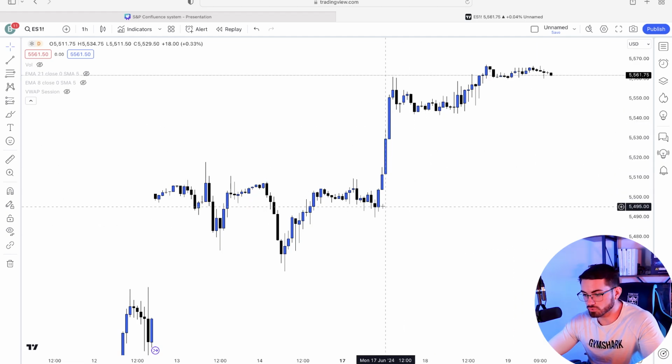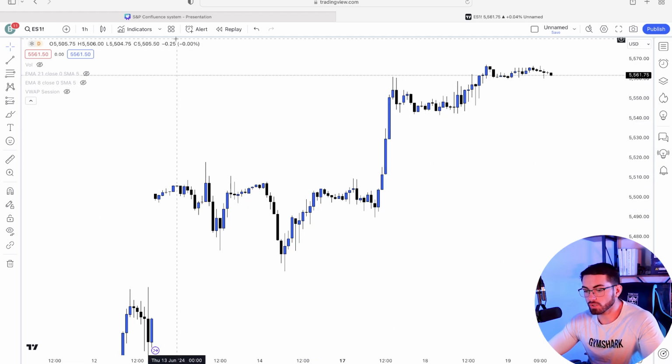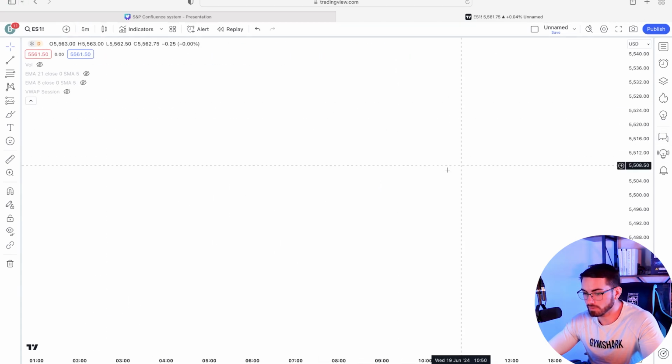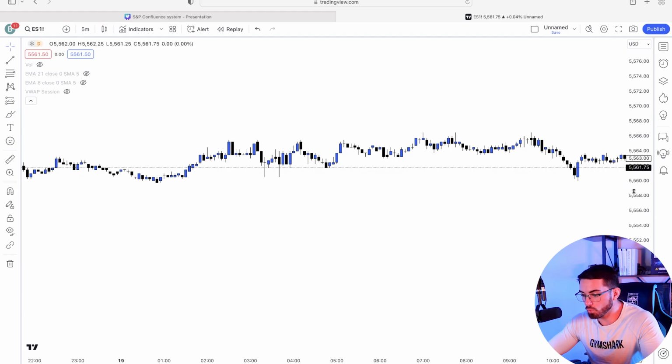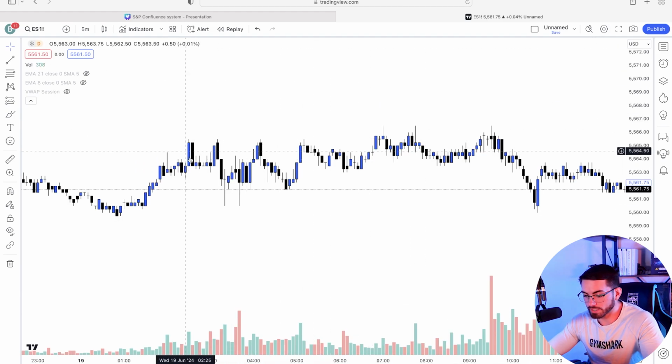Now, because it trades 23 hours a day, what you're gonna notice, especially based off of pre-market and post-market data, is the S&P candles itself are going to be a lot more full compared to SPY. So this is pre-market trading all through here on the S&P futures.